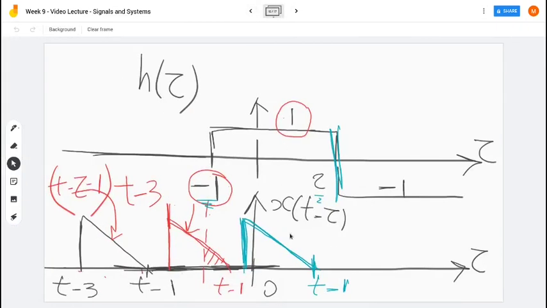And this edge, which is t minus 3, should be larger than minus 1. So t minus 3 larger than minus 1 means t larger than 2.